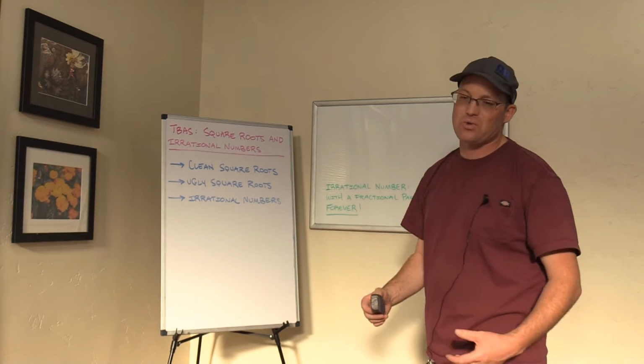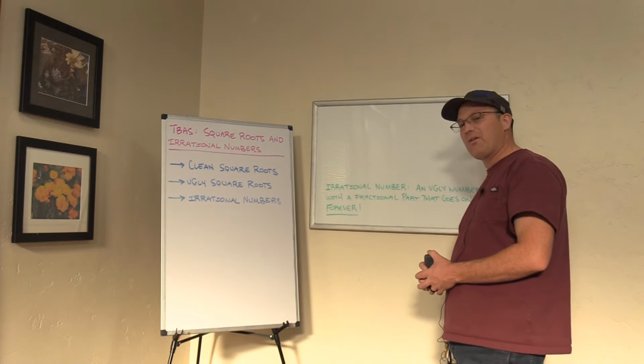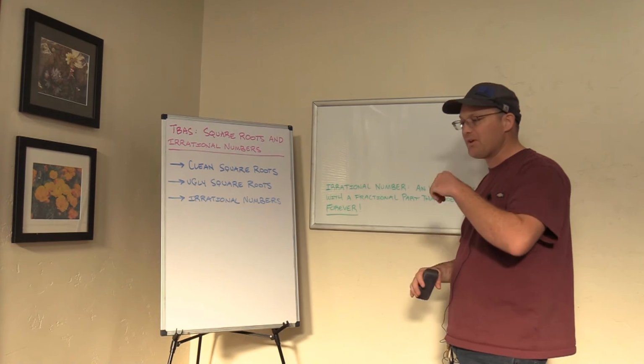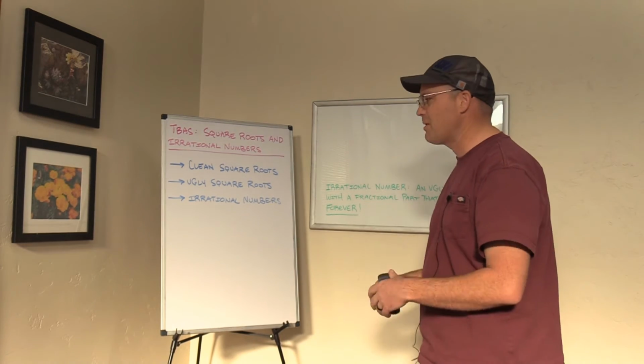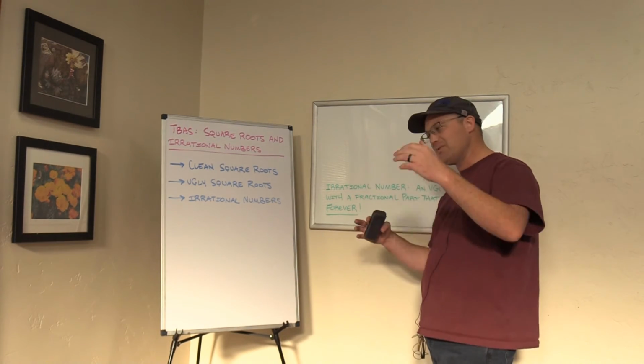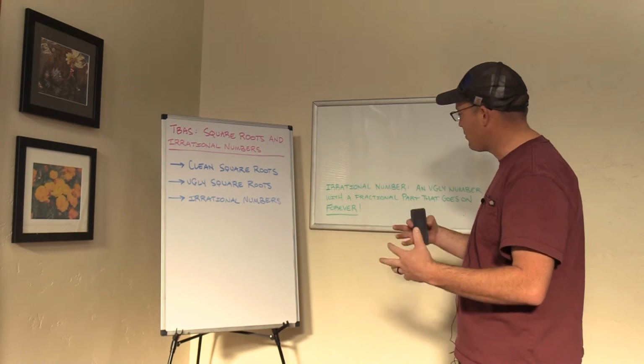There are other special irrational numbers in mathematics. When we get into trig functions, the solutions to most trig functions are going to be irrational numbers. They're not going to be nice, clean whole numbers or integers. They're going to be irrational numbers.